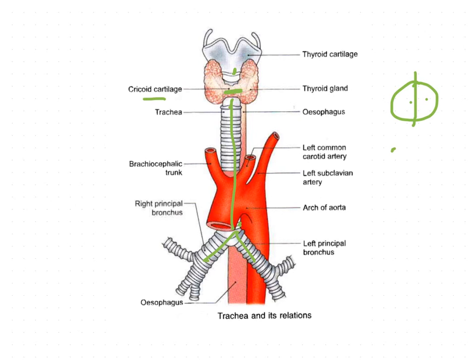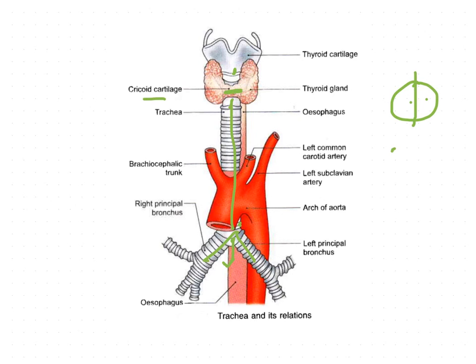However, in living subjects, in the erect posture, this bifurcation lies at the lower border of the 6th thoracic vertebra, and it will descend still further during inspiration. Okay, this is about the length and its corresponding level to the thoracic vertebrae.